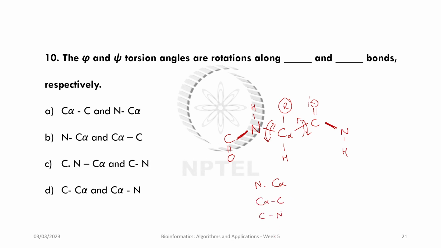So C and N is not an option. Eliminate this. C alpha C is okay, N C alpha is okay.